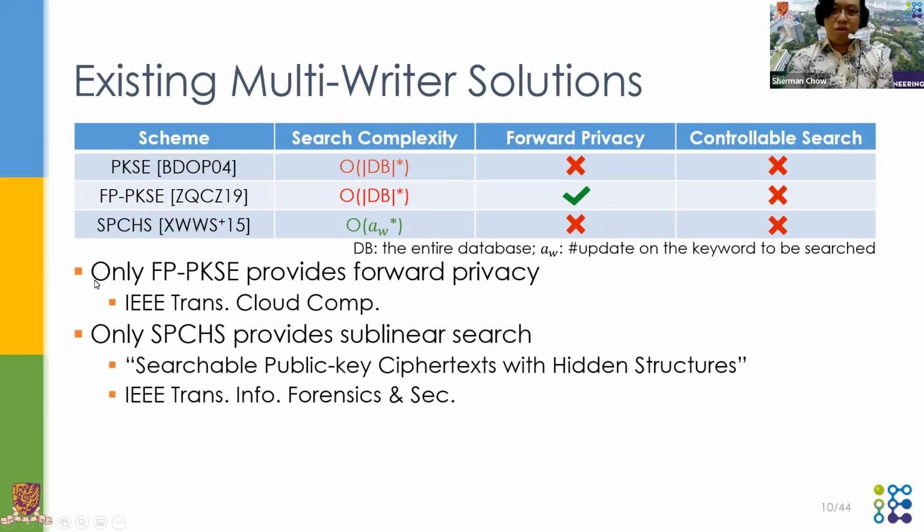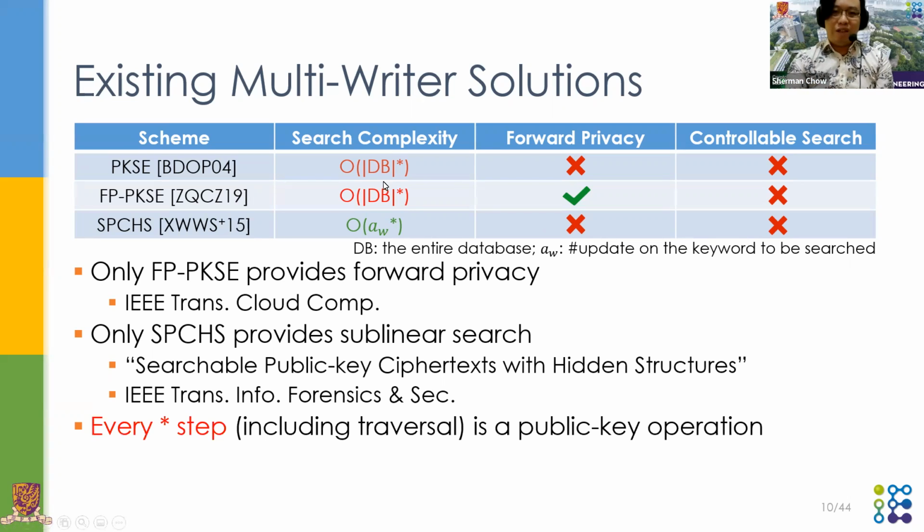There's another proposal I call SPCHS, which stands for Searchable Public Key Ciphertexts with Hidden Structures. That is the name they came up with. It appeared in IEEE TIFS, another journal. They actually achieve something quite nice in terms of search complexity: it is sublinear in database size, or linear in the number of updates on the keyword. That means basically the number of files marked with the keyword of interest, which is what we want to search for. That's optimal.